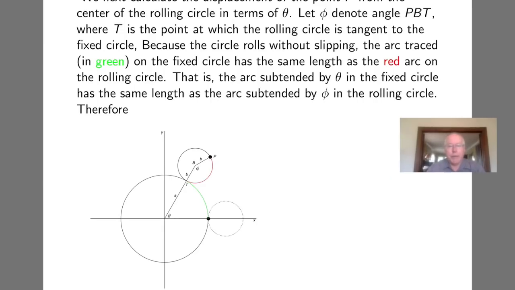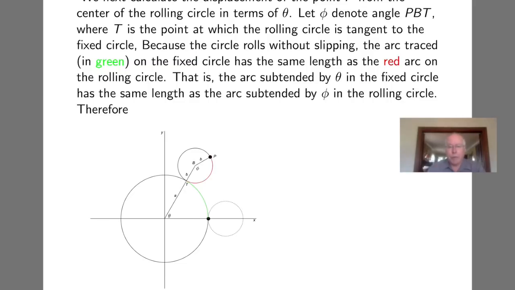Next, we calculate the displacement of the point P from the center of the rolling circle. Again, we do this in terms of theta. Now, before we do that, we have to do a little groundwork. Let T be the point of tangency, the point at which the rolling circle is tangent to the fixed circle.